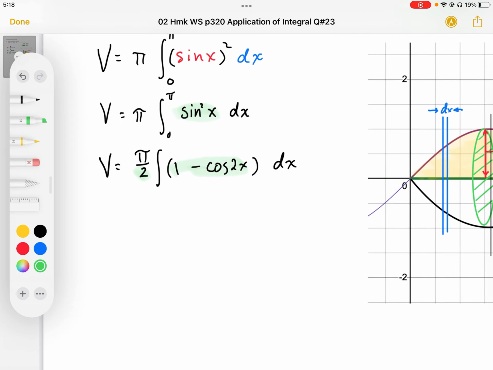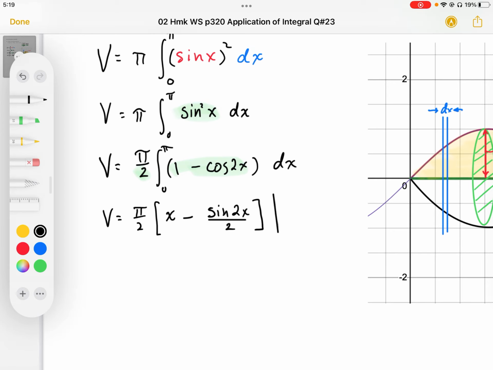Now we can anti-differentiate this. We end up with pi over 2, and I'll make sure I put my bounds in. The antiderivative is x minus, and the antiderivative of cos is sine, so sine 2x, and I just have to remember to divide by 2. Then I'm going to do this from 0 to pi.